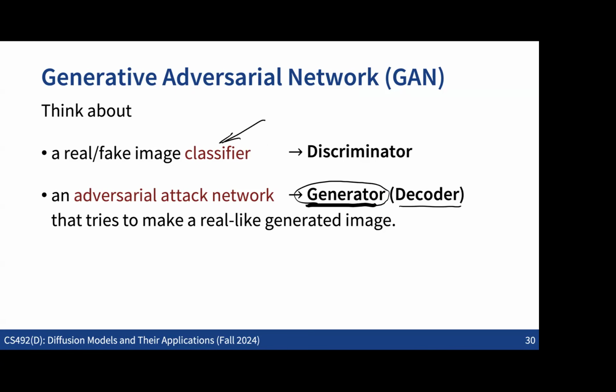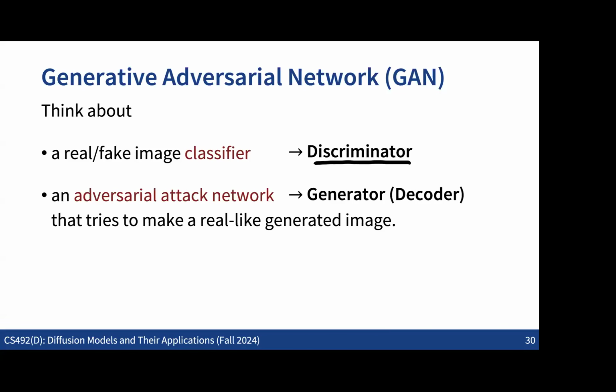For the other network, which is the discriminator, the role of this network is taking either the real images that are given from the dataset or the synthesized images that are created from the generator, and classifying whether this is real or fake. So now the discriminator plays the role of classifying the real and the fake images.